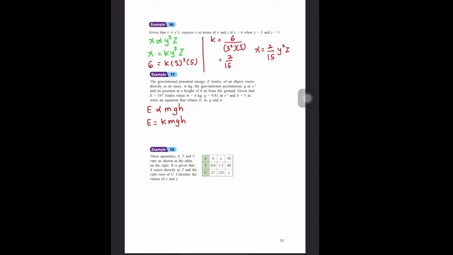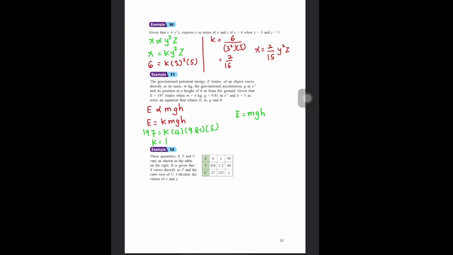So from the question, E is 197 equals k, m is 4, g is 9.81, h is 5. So k equals, you calculate, you will get 1. So we know that E equals mgh, where is the k? The k is 1.